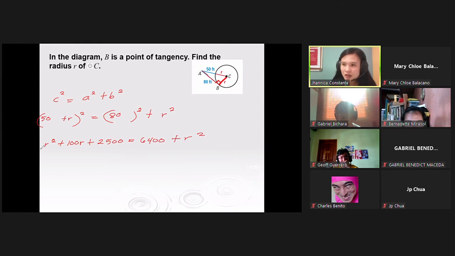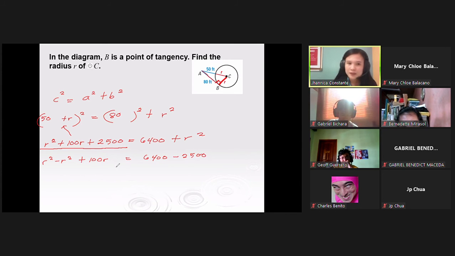We get r squared plus 100r plus 2,500 when we use the FOIL method. After using the FOIL method, combine similar terms. So r squared is the same as the other r squared. So r squared minus r squared cancels out, and 100r plus 2,500 equals 6,400. Transpose 2,500, and it will become negative 2,500.